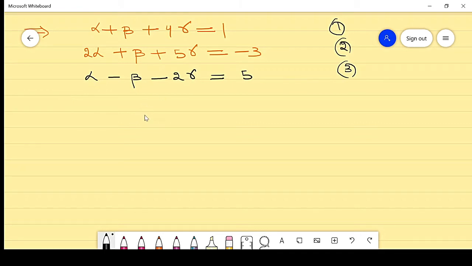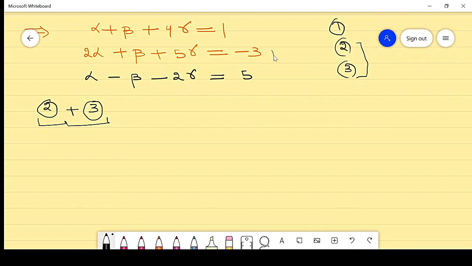To solve this equation, I add equations number 2 and 3. So I write equation number 2 plus equation number 3.